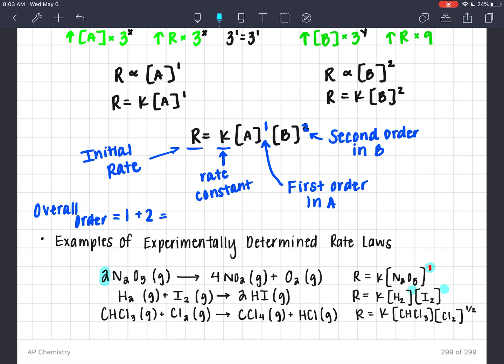However, I've got an example right here where both hydrogen and iodide are first order reactions, and they also have coefficients of 1. That's just one example where they happen to be the same, but it doesn't mean that it's the cause of those reactants being first order.